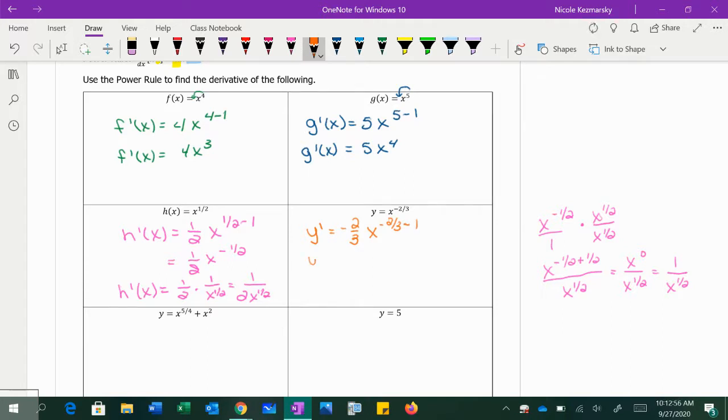So we're going to say y prime equals negative 2/3 x to the negative 2/3 minus 1, which is negative 5/3. And the shortcut for remembering what to do with that negative exponent is all you're going to do is take the exponent and whatever it's attached to and just move it to the bottom. So I've got a negative 2/3. The negative 2 stays up top. The 3 stays in the bottom. And the x to the 5/3 moves down to the bottom and becomes positive.